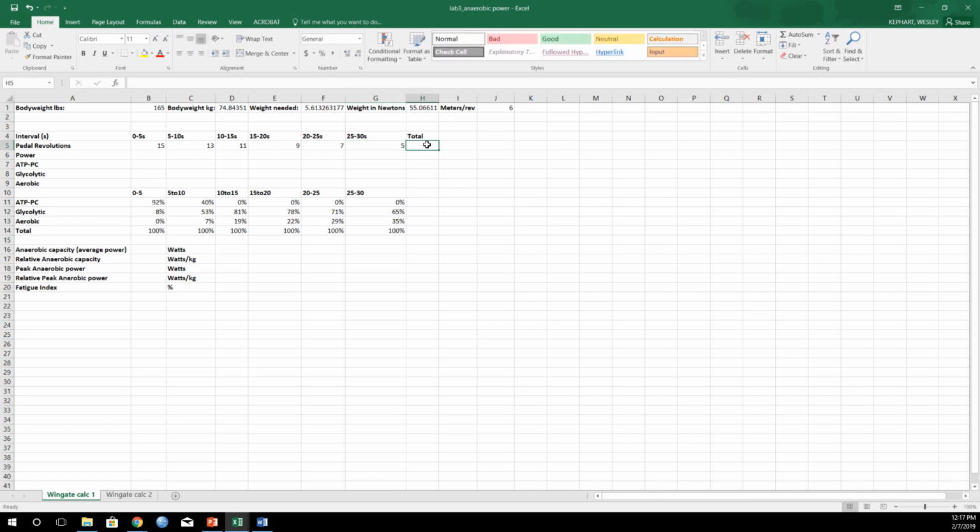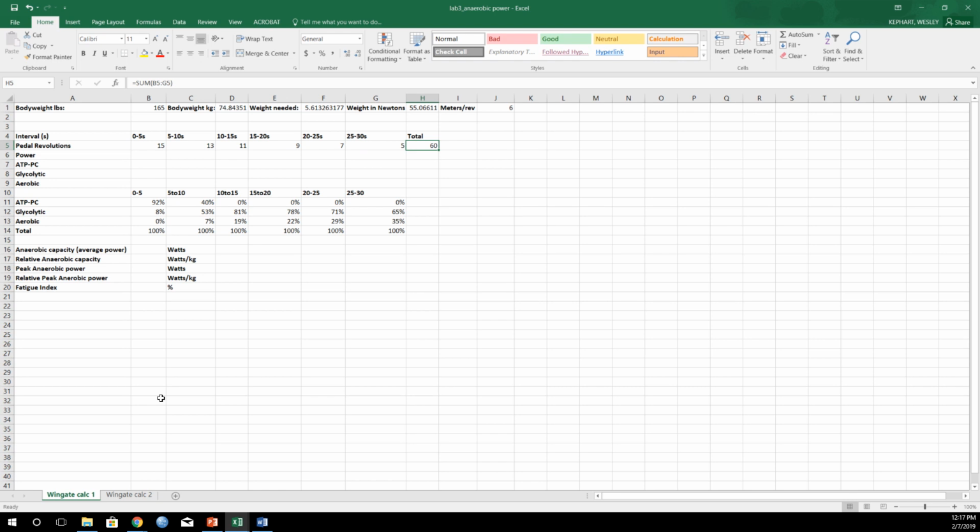So here, let's just calculate the total revolutions that were done right here. So equal sign, write the word sum, S-U-M, open parenthesis, highlight all of these numbers, close parenthesis. There we go. We added all of that together, 60 revolutions.